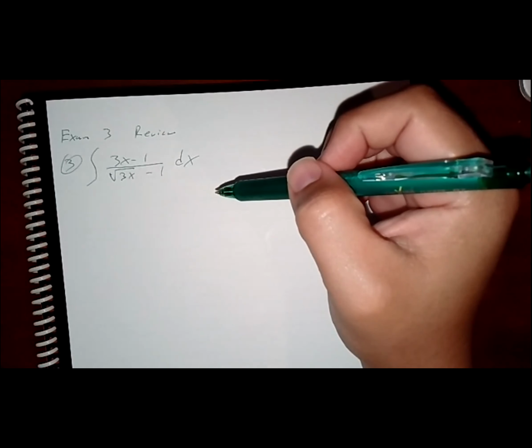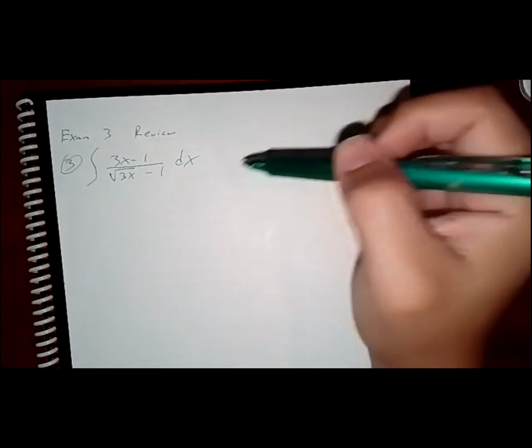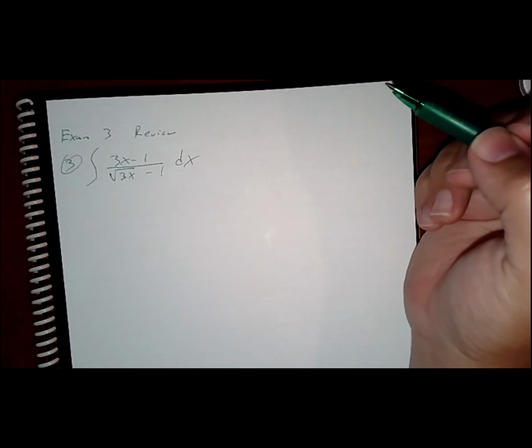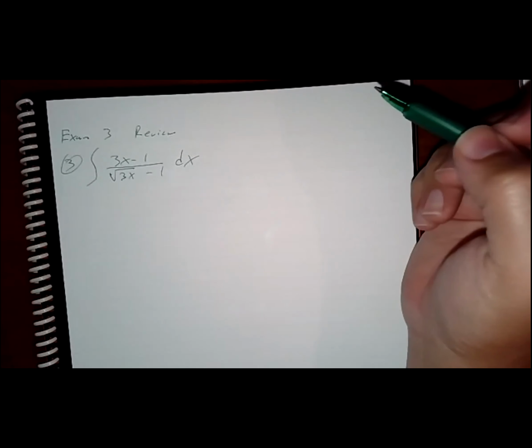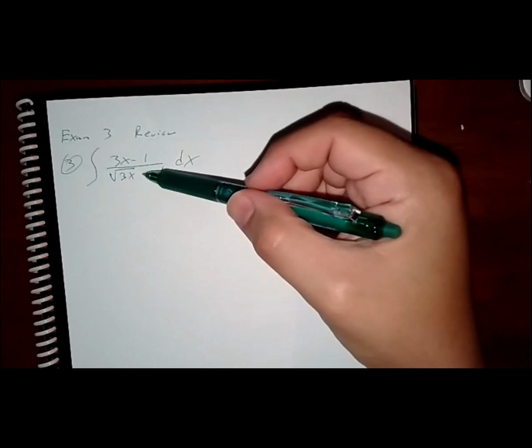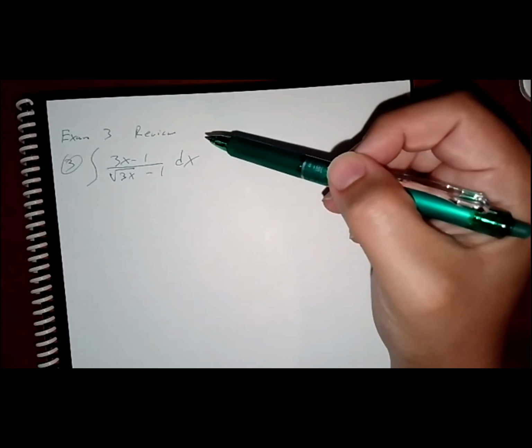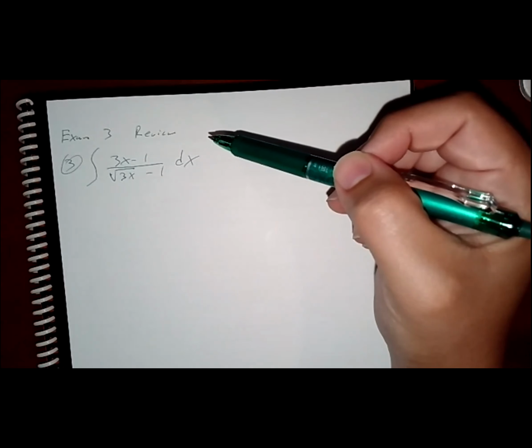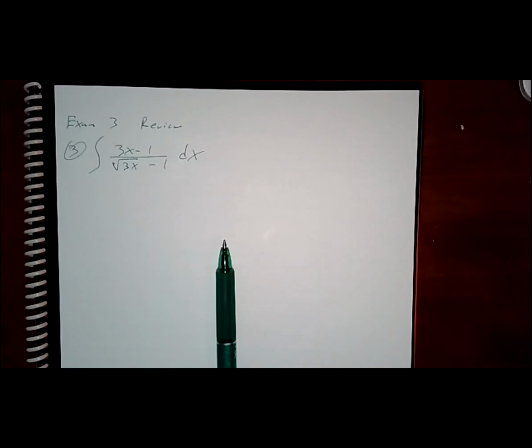I think U is going to be the square root of 3x. That's a tricky one. I'm not seeing it at the moment. Let me look at my trig formulas. One moment.